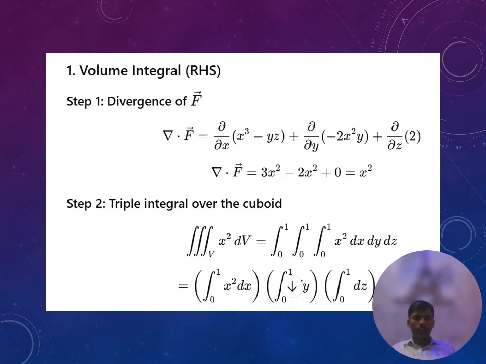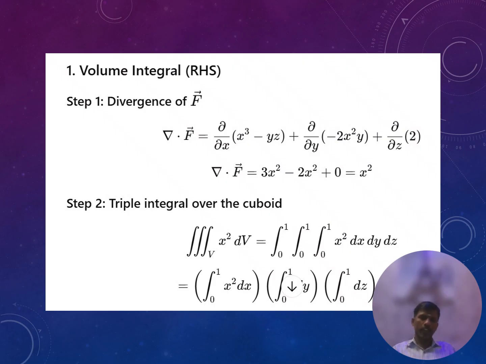So, the volume integral, the right-hand side. Step number one, divergence of F. Already I told you how to find del dot F: differentiate with respect to x plus differentiate with respect to y plus differentiate with respect to z. The sum of all these gives the value.